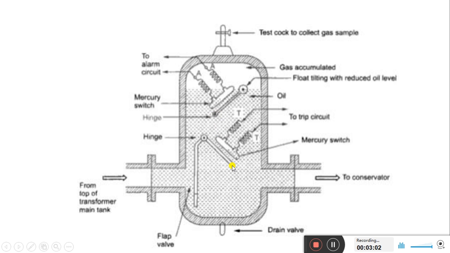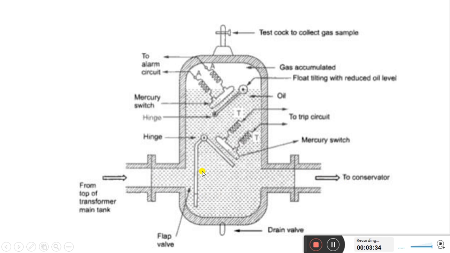In both conditions, these mercury switches are operated by tilting the hinge or float, and here also this flap valve tries to close the contacts of the mercury switch when the oil rushes from the transformer main tank towards the conservator.